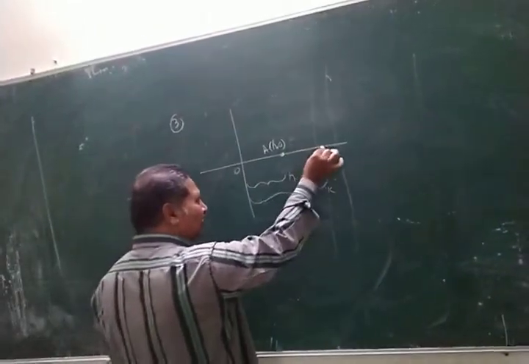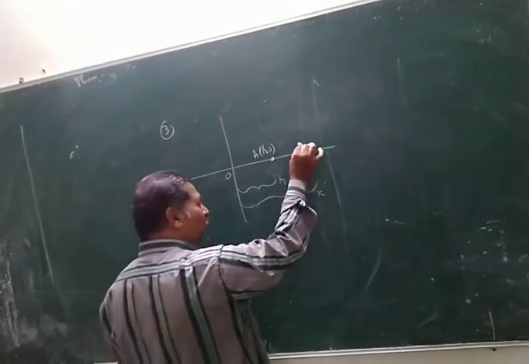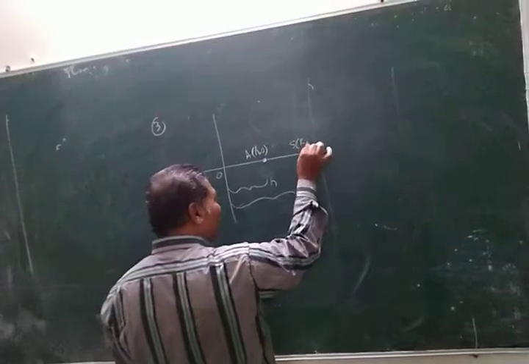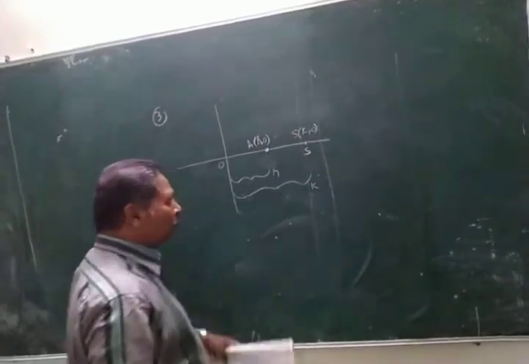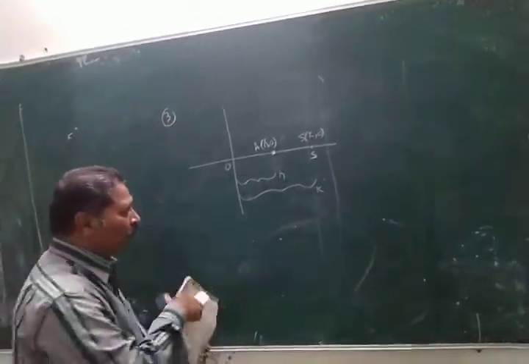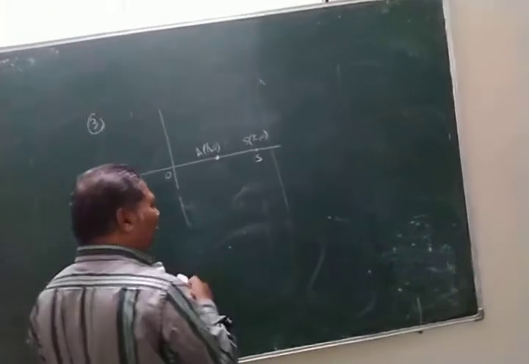Given OS distance is k, so S is the point (k, 0). So this is the given parabola.